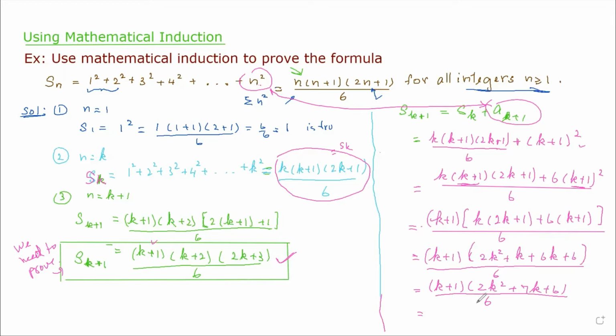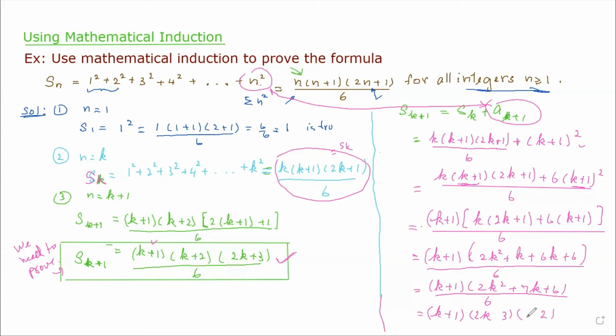Then you see next, we can factor this one, right? So we have k plus 1. Factor this out, so it becomes 2k. We need the middle term 7k, so this one should be 2, 4. Yeah, 2 should be here and 3 here, right?